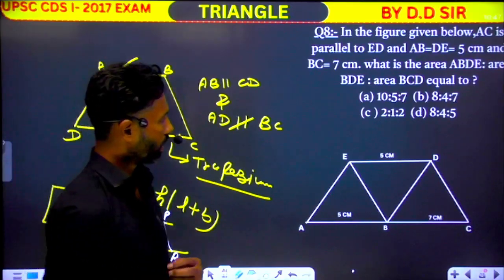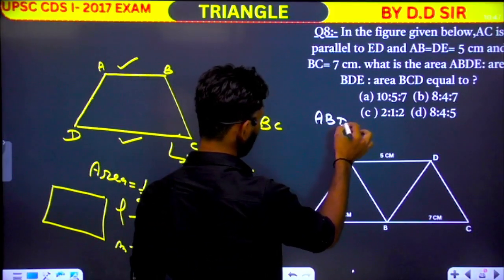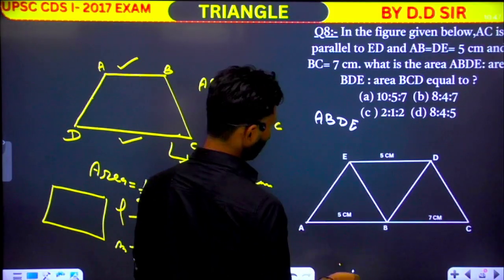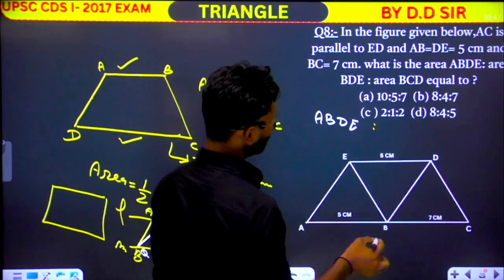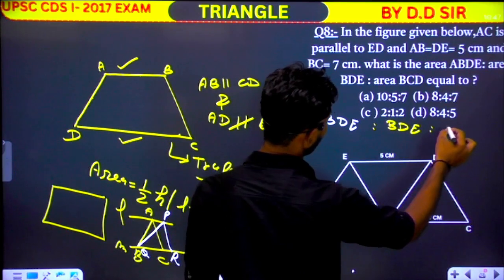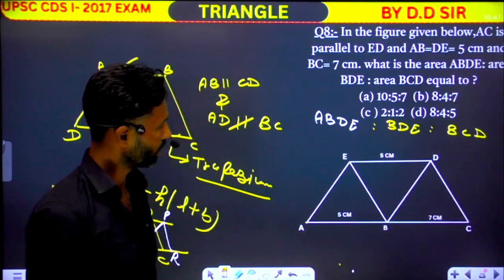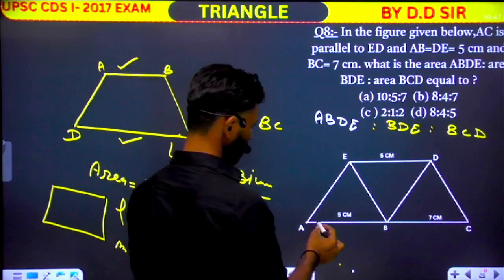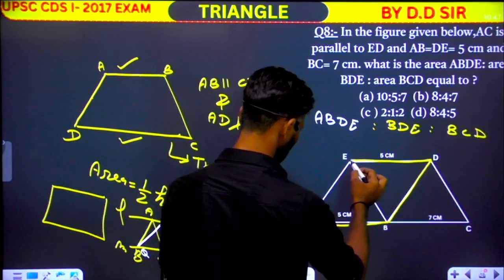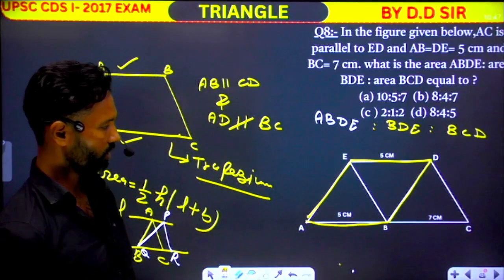Now the ratio of the area of ABDE to the area of triangle BDE to the area of triangle BCD is what the examiner asks. So what is ABDE? This is ABDE, and this ABDE is working as a trapezium.